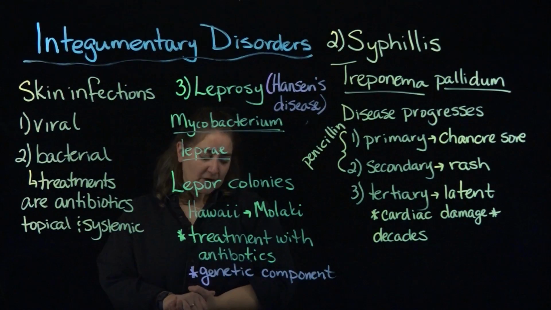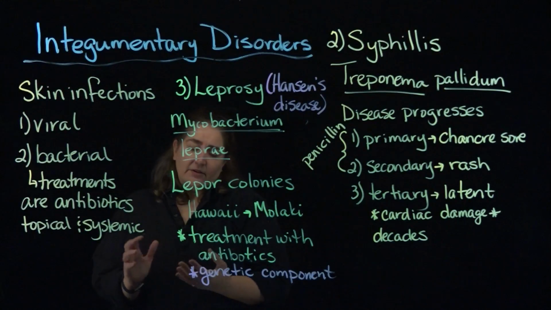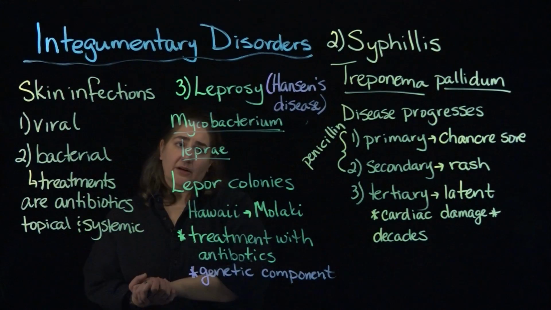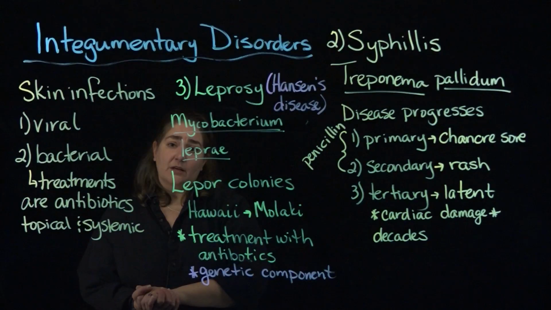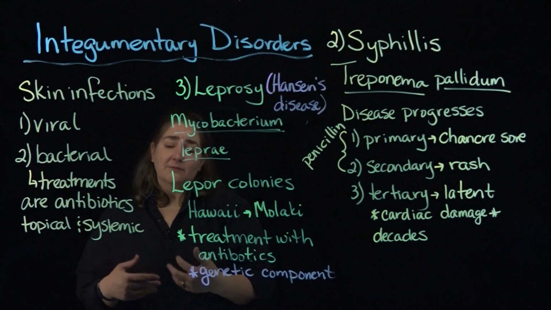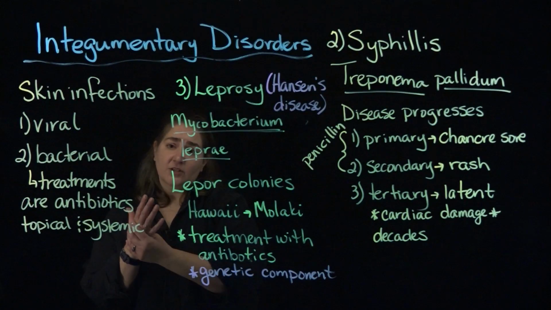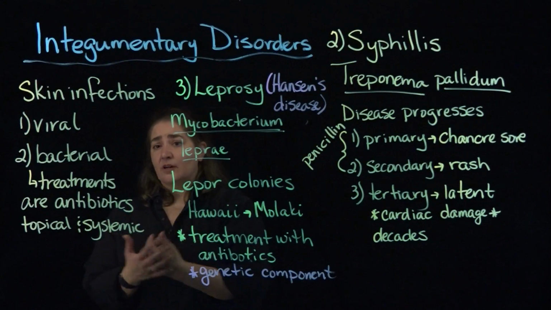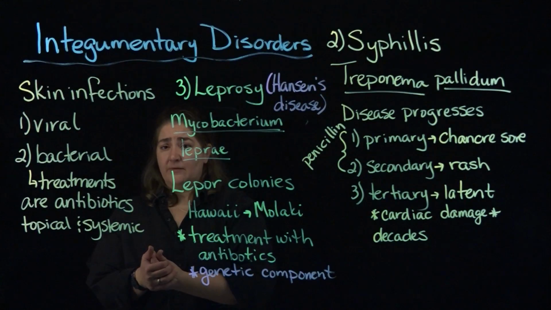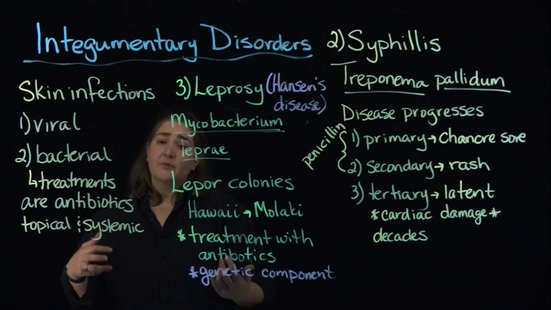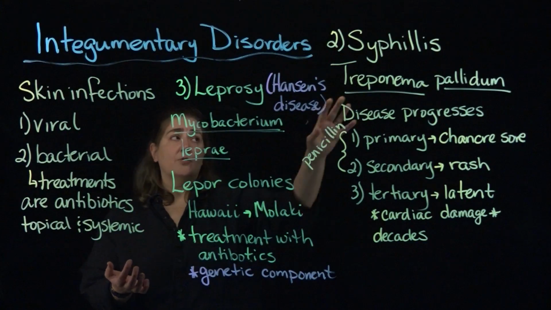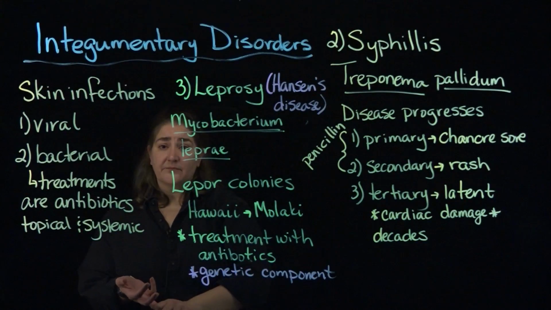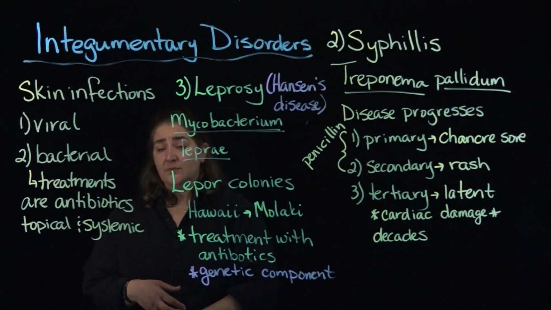Does respond well to antibiotics. There may need to be some corrective surgeries, especially if the infection is in the hands and feet, to correct some malformations associated with that, okay? So three bacterial infections: Pedigo, syphilis, leprosy. If you have any questions, please let me know.